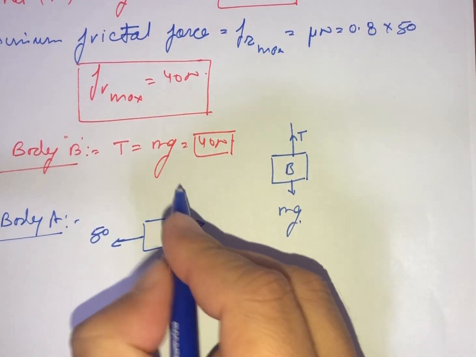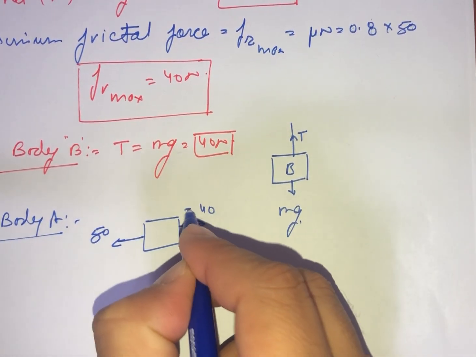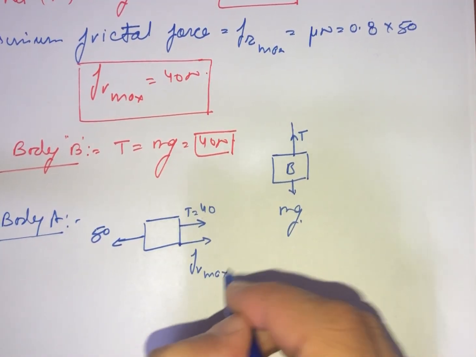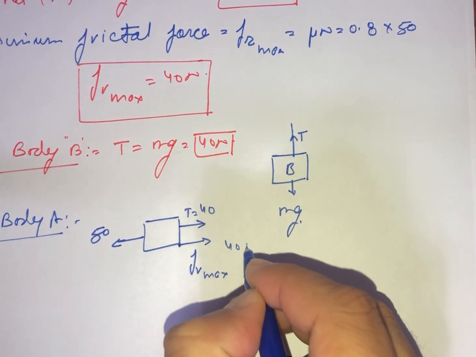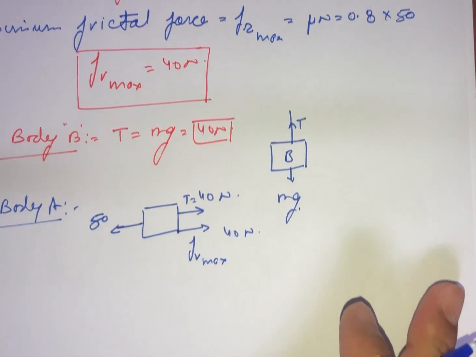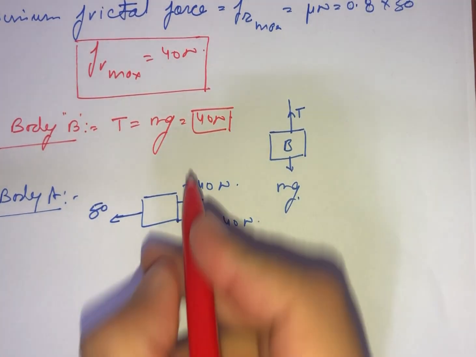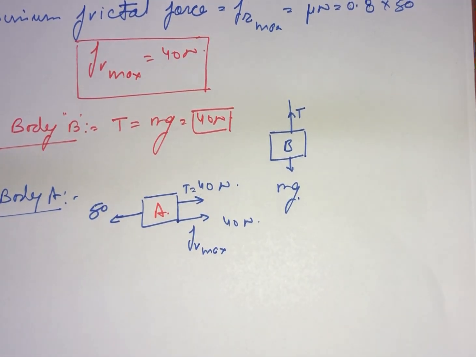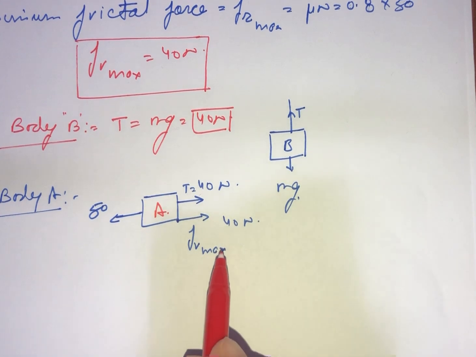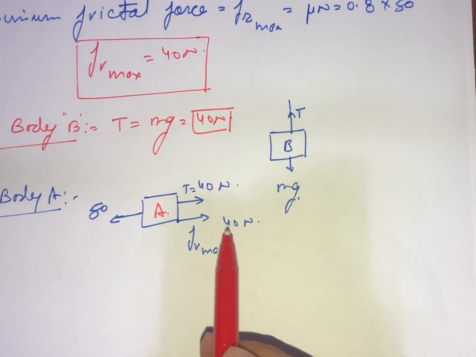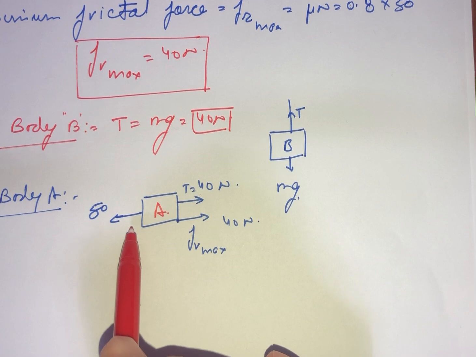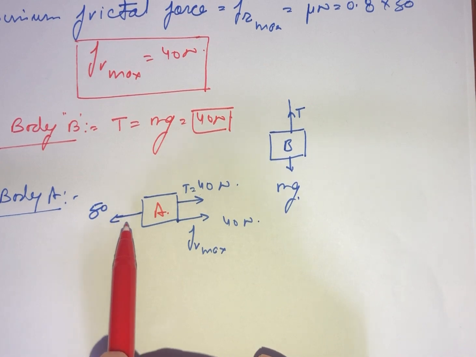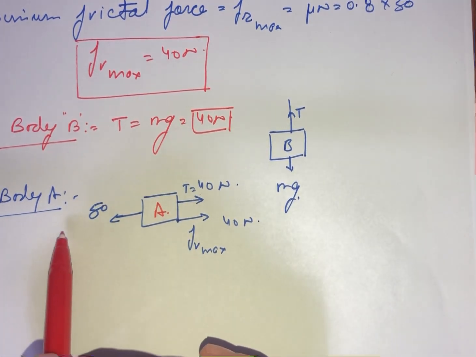We have a tension T which is of 40 Newton, and we have maximum friction Fr max, which is also 40 Newton. So this is body A. So the total force which is acting towards the right is 80 Newton, whereas the force which we are applying is 50 Newton. Then one thing is for sure, that this block A will not be moving towards our left side.